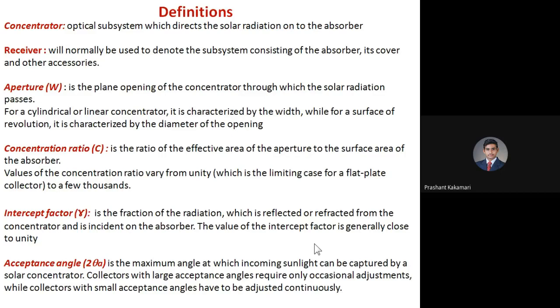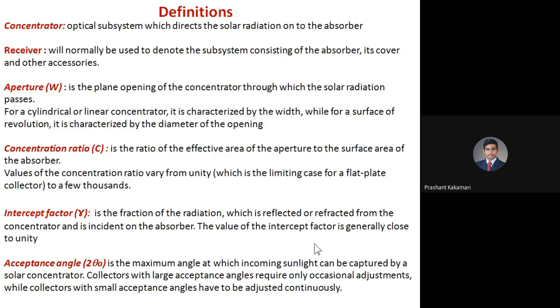In a flat-bed collector we are not using any reflectors directly, but to make it a concentrating collector, one can use a number of mirrors on the sides so that more solar energy is absorbed on the same collector area. We improve the efficiency of the collector by using some concentrators, where a concentrator is an optical subsystem which directs the solar radiation onto the absorber.